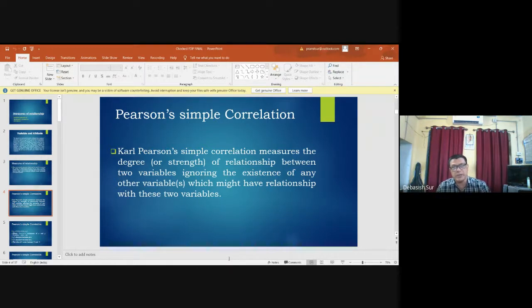But in practice we know that age and weight may be influenced by various factors. But in case of Pearson simple correlation, it is assumed that age and weight are not influenced by any other variable. So this is also one of the limitations of Pearson simple correlation.